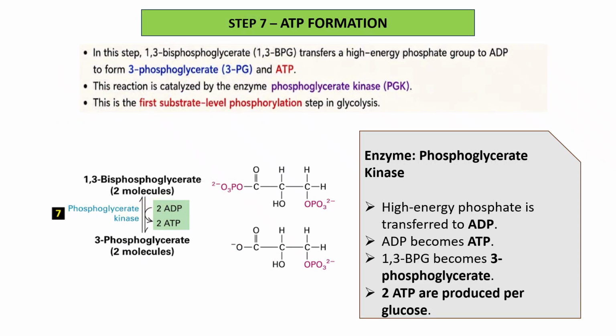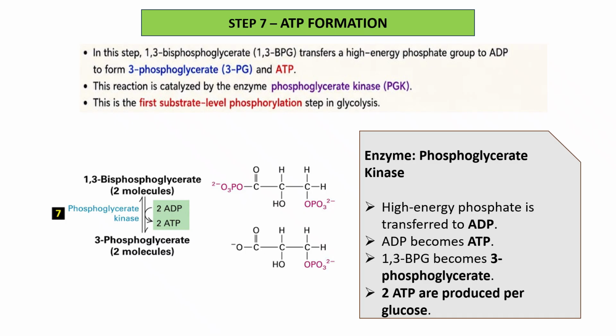Step 7. Formation of ATP by substrate level phosphorylation. In the seventh step of glycolysis, 1,3-bisphosphoglycerate is converted into 3-phosphoglycerate. During this reaction, the high-energy phosphate group present in 1,3-BPG is transferred directly to ADP, resulting in the formation of ATP.